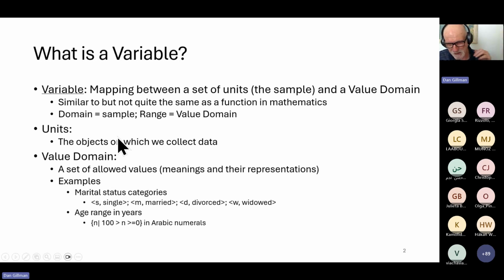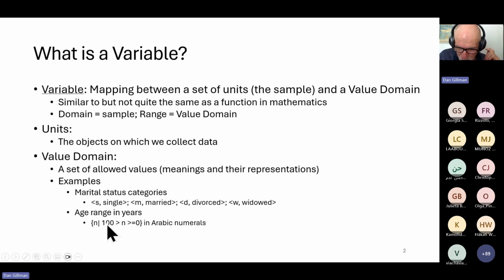So, for instance, in a marital status variable, we might have the categories single, married, divorced, and widowed, and use the first letter of each of them as a code for representing them. So I have these ordered pairs there, S for single, M for married, and so on. We could also have a variable on age where we have a range in years.